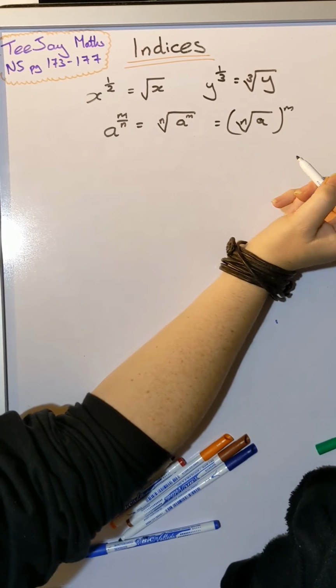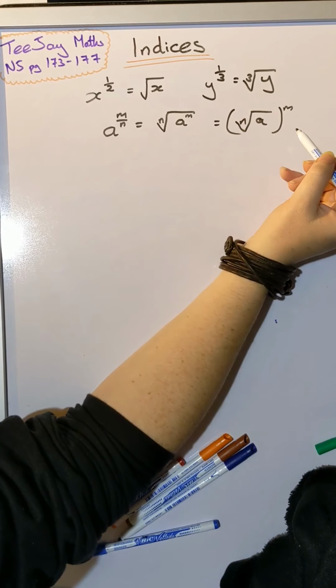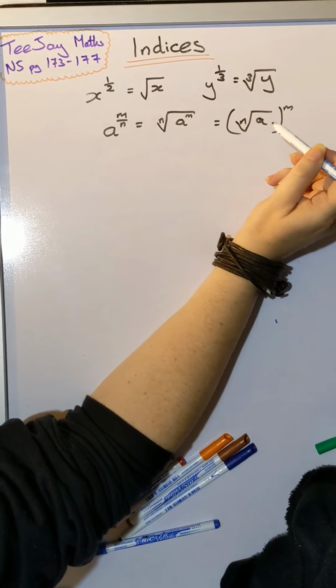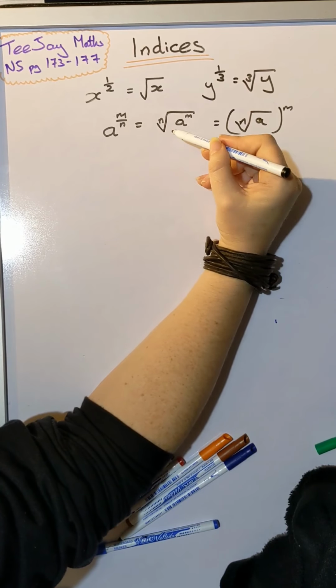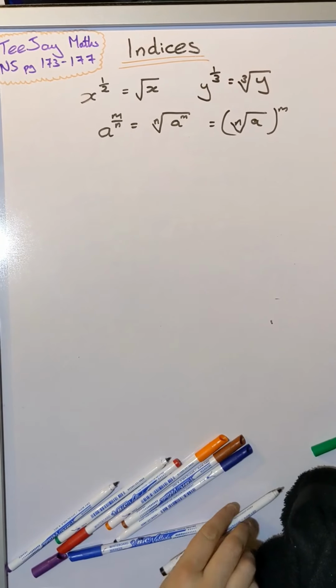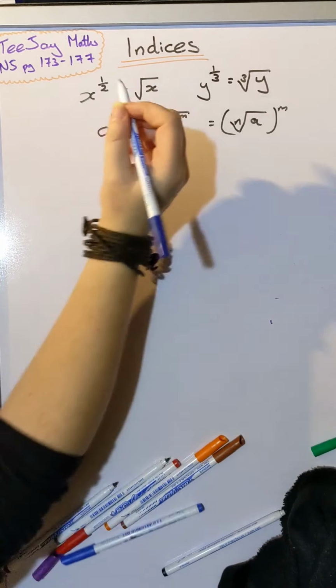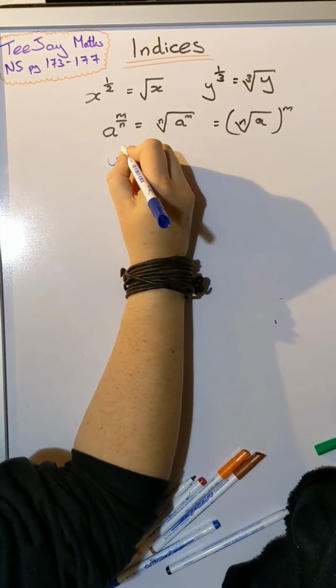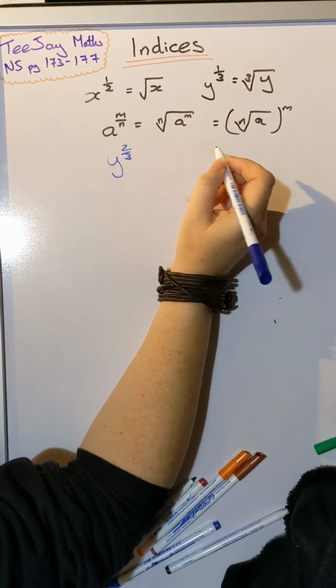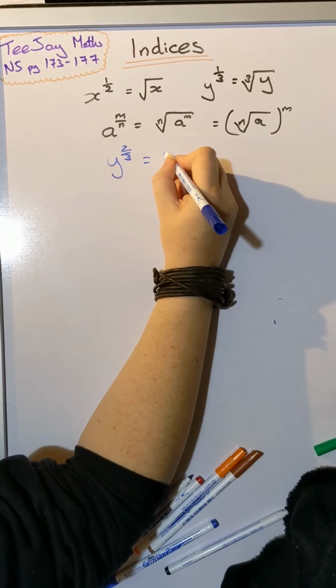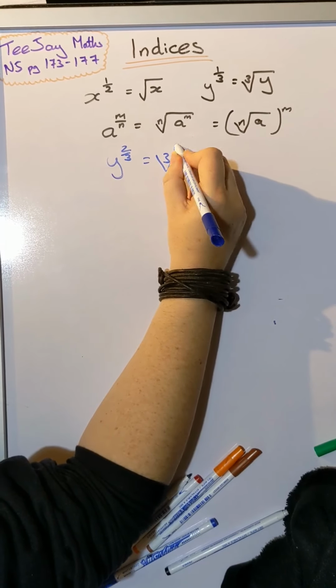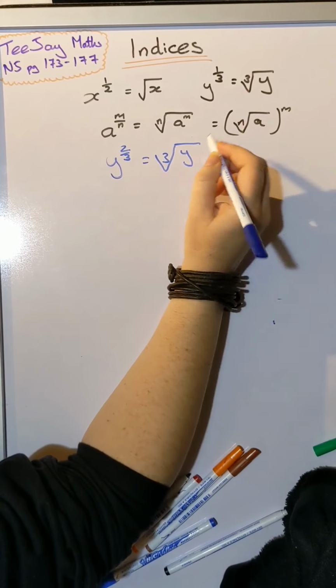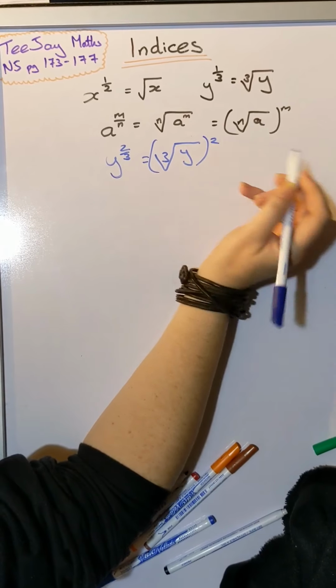It's the same thing, gives you the same answer, but sometimes it's easier to work out this way than it is this way. So let me give you an example of that. If we have y to the 2/3, we have the cube root of y squared.